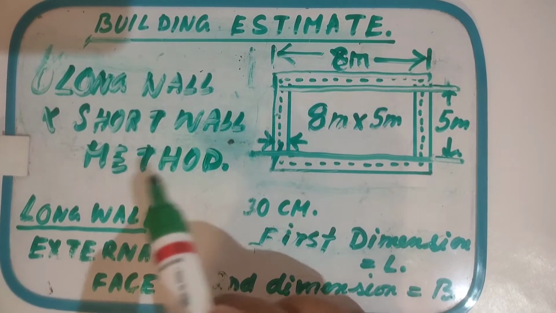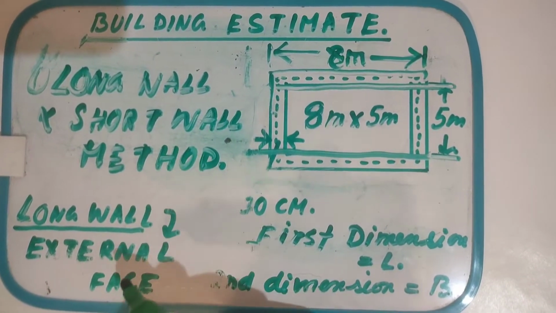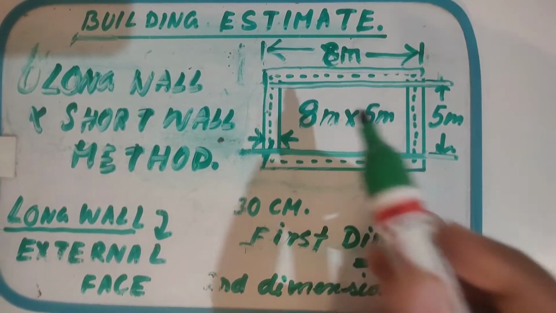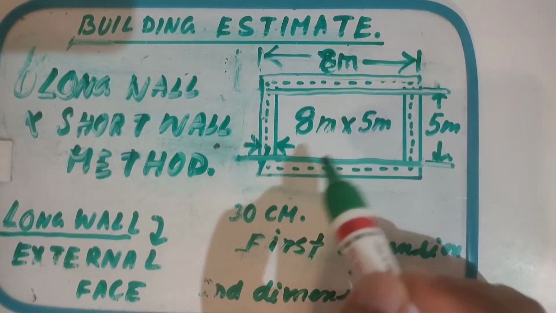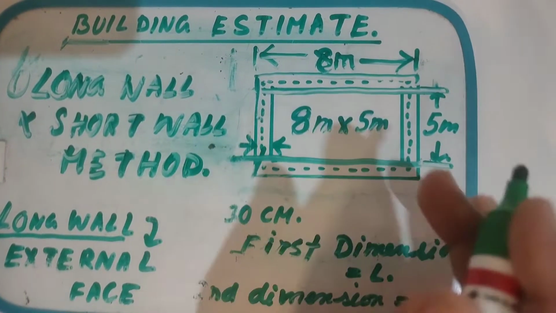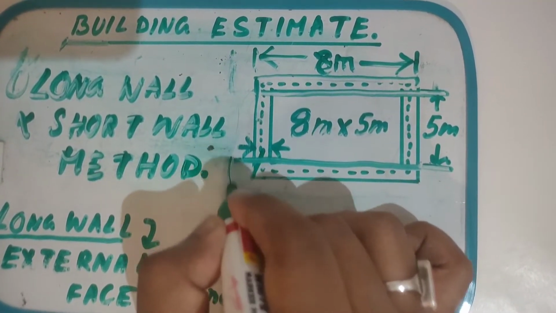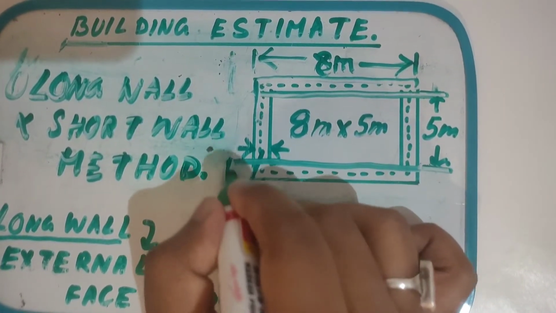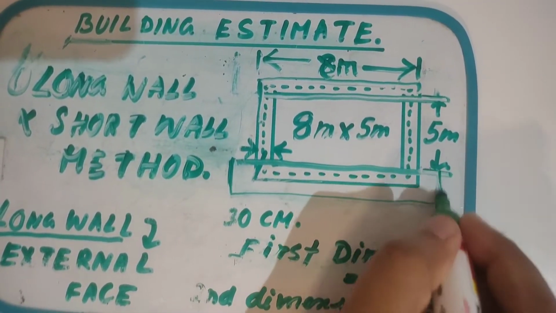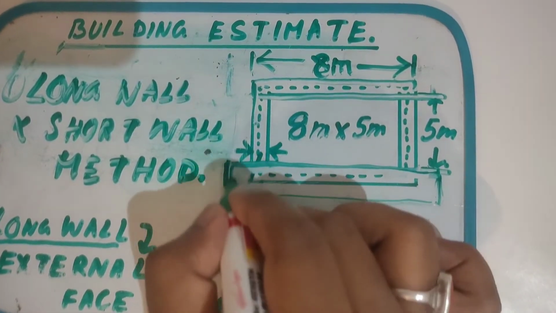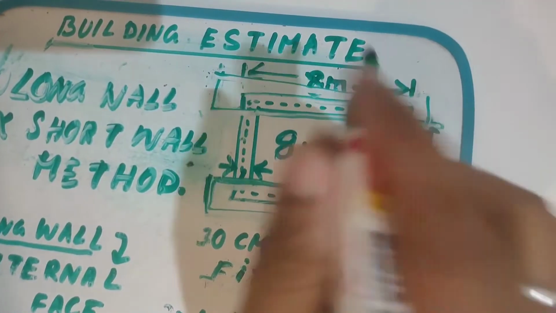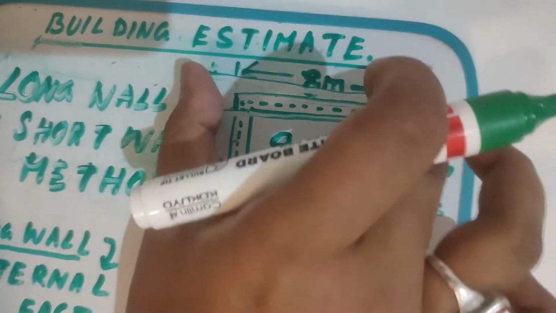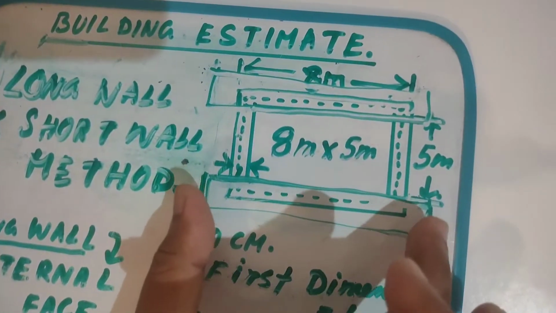In the long wall and short wall method, the external faces are considered as the long wall, and as this dimension clearly says that this is the long wall, so external face means this part of the wall and this part of the wall, the external faces will be considered in long wall.